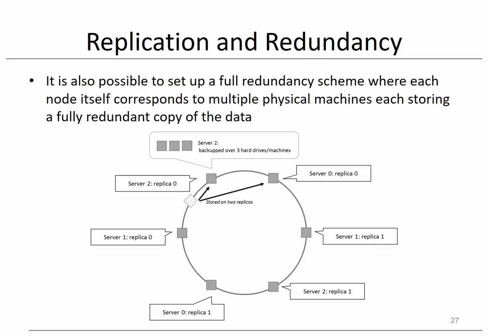To ensure an even greater amount of data safety, it is also possible to set up a full redundancy scheme, where each node itself corresponds to multiple physical machines, each storing a fully redundant copy of the data. You can see this illustrated here, with server 2 being backed up over 3 hard drives or machines.